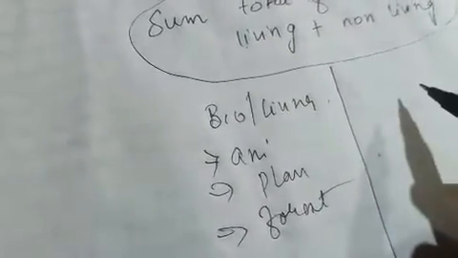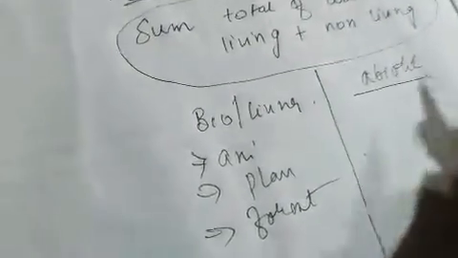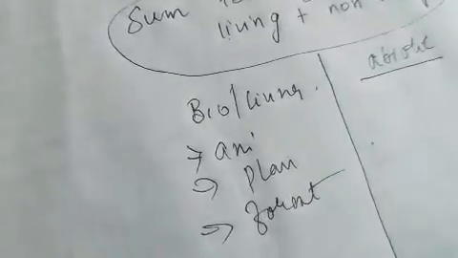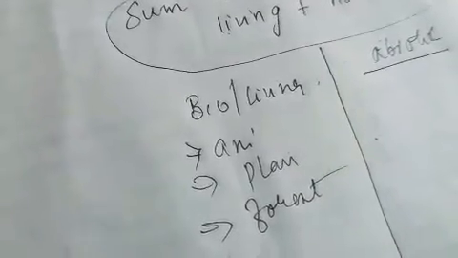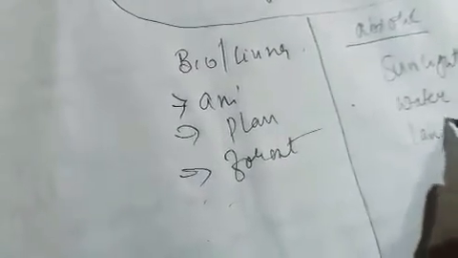And abiotic factors are non-living things that include sunlight, water, land.